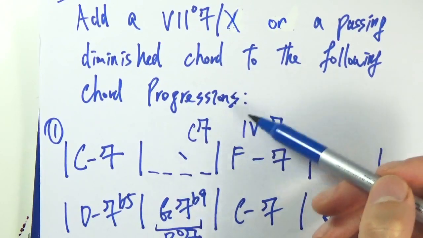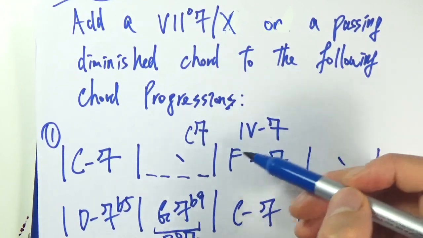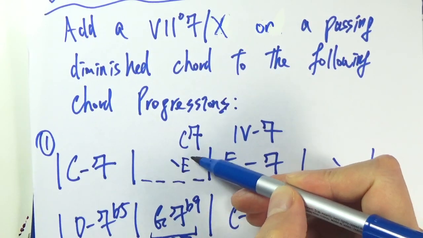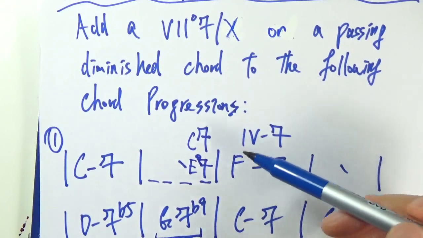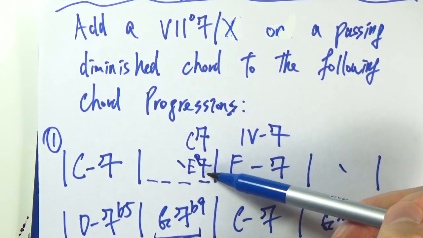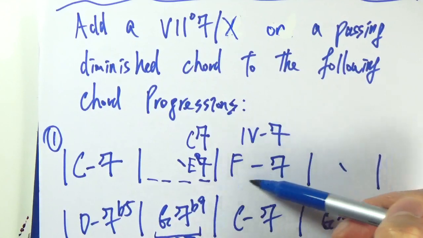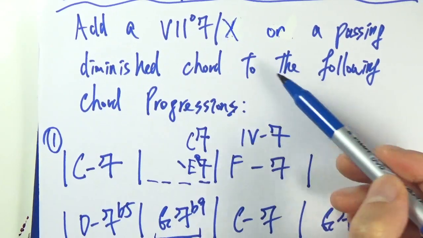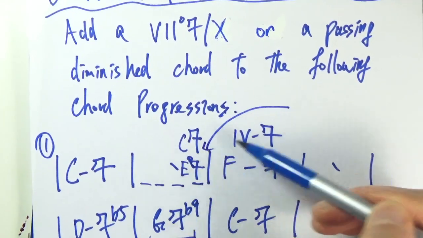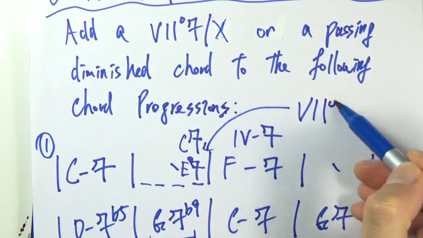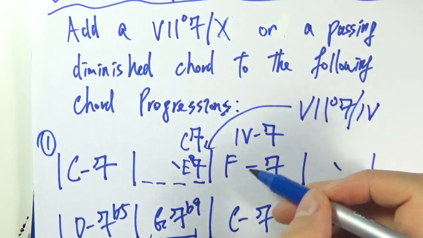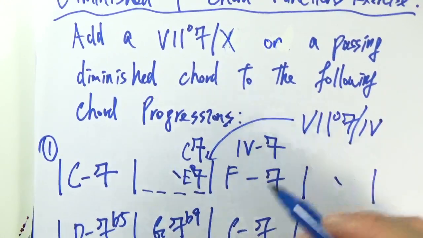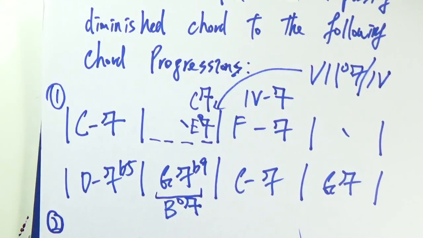So right now we're focusing on the diminished chord. Instead, you can play an E diminished 7 chord. That would be a nice sharp 7 diminished 7 of 4 here, since our F minor 7 is our 4 chord in this larger chord progression.